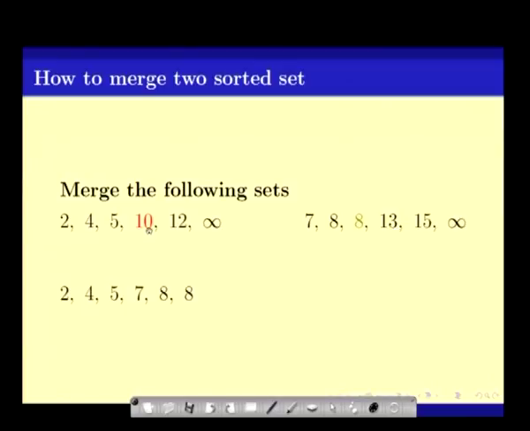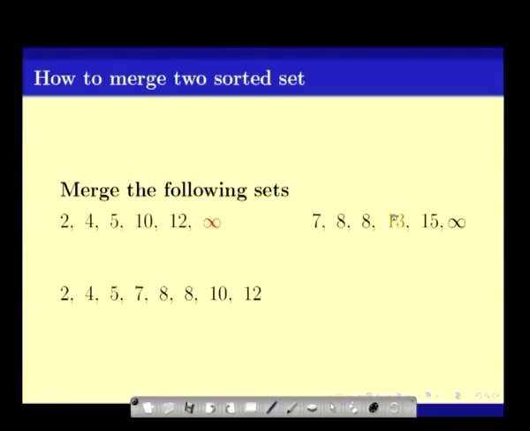Now, we compare 10 with 13, we find that 10 is smallest, we output 10, and we move our left marker from 10 to 12. We compare 12 with 13, 12 is less, we output 12, and we move our marker from 12 to infinity.